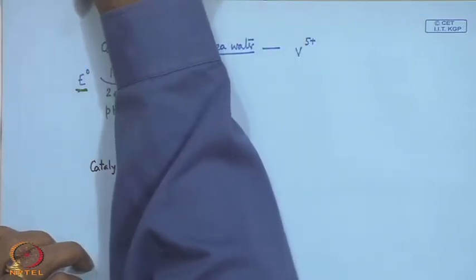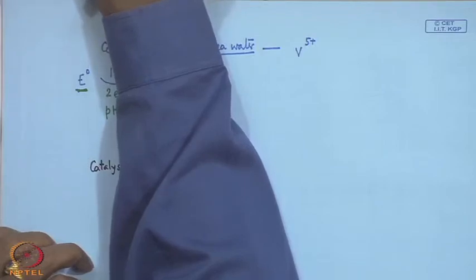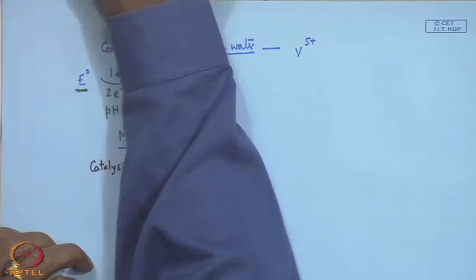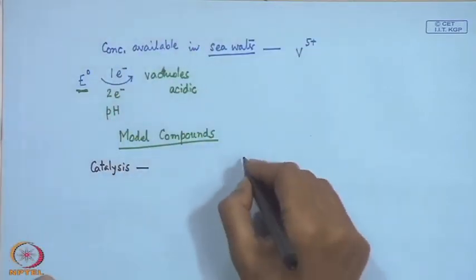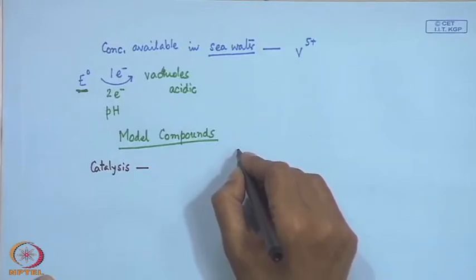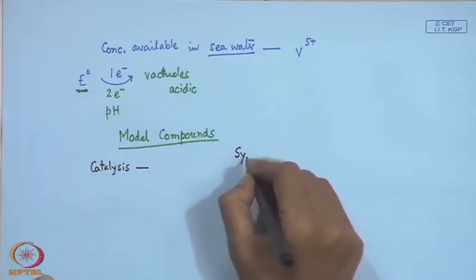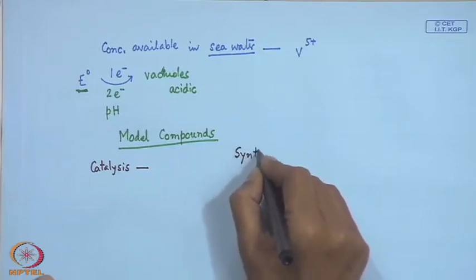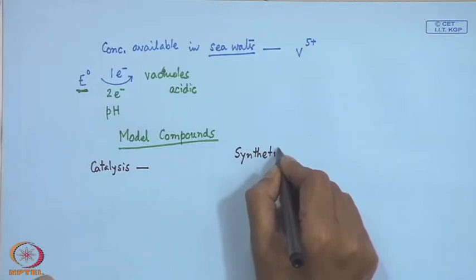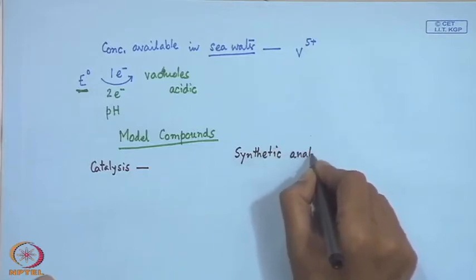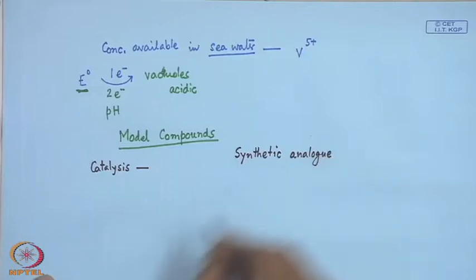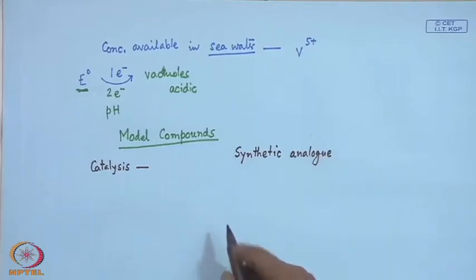So, as the vanadate is getting trapped within these haloperoxidases, we can have structural models for vanadium-5 complexes for a particular donor set. So, we can get the corresponding model compound, or the synthetic analog.